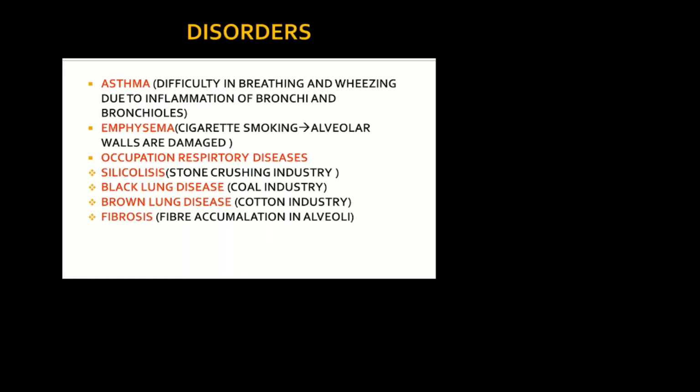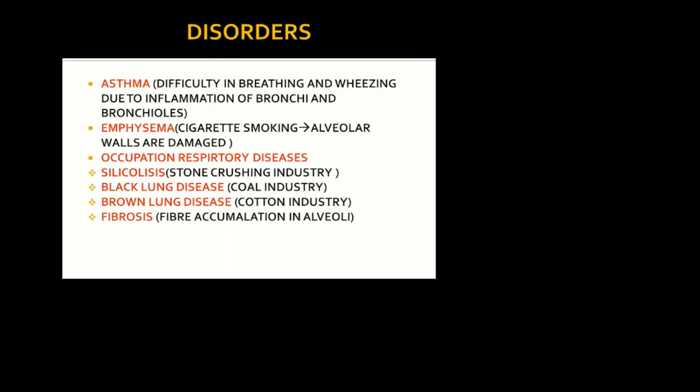When there is inflammation of bronchioles, the volume decreases, so obviously there will be less gap for the air to pass, which will make a sound. Emphysema is a disorder which is related to cigarette smoking. Here, when someone has a cigarette, it damages the alveolar walls. So if the alveolar walls are damaged, there will be less exchange of oxygen and carbon dioxide.